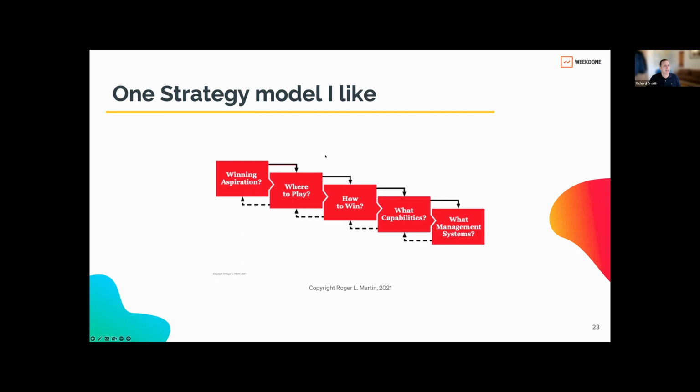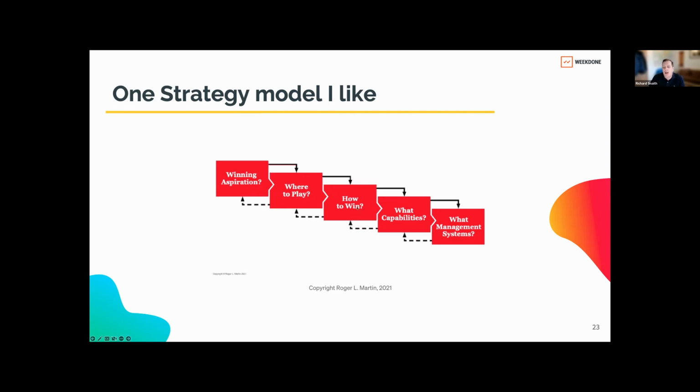Why do I like this? Well, all of us, whether we've formally set a strategy yet or we have a loose strategy, mostly know where we're playing: what geographic regions, what our customer targets are, etc. We also generally either have an idea of how we're going to win and why we're going to win, or we are winning and we can set that there.